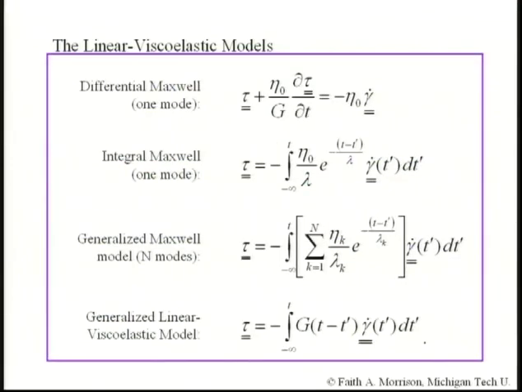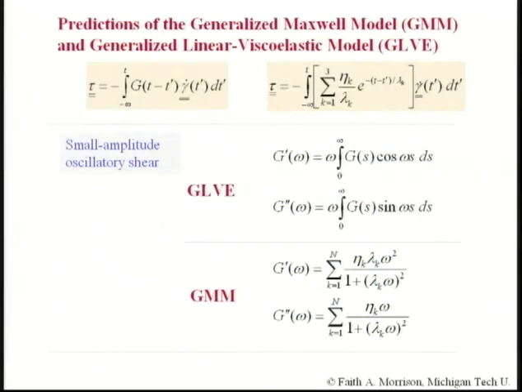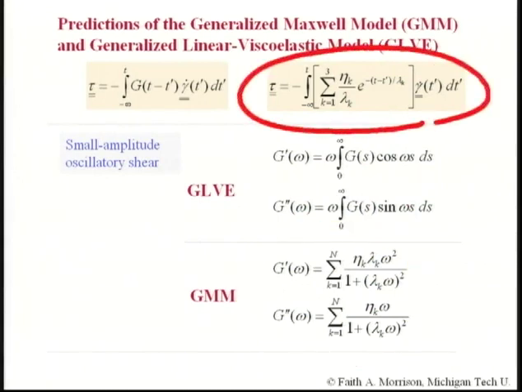So we have this very useful model. And it's useful for interrelating different linear viscoelastic properties. I'm going to start on Monday with the small amplitude oscillatory shear calculation, which will give predictions in small amplitude oscillatory shear from this Maxwell model.